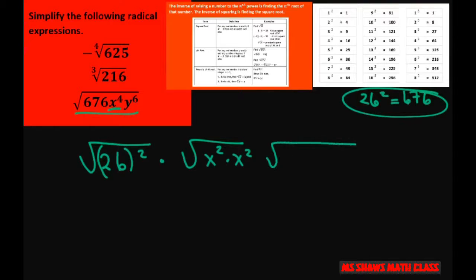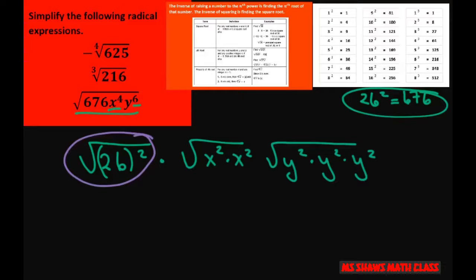And then for the square root of y to the 6th, that's going to be y squared times y squared times y squared. Now for this one, the square root of 26 squared is just 26.